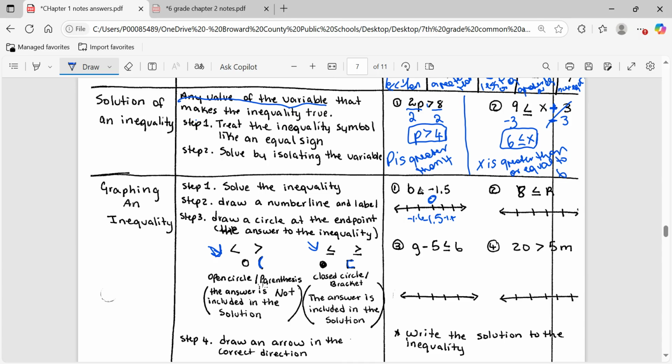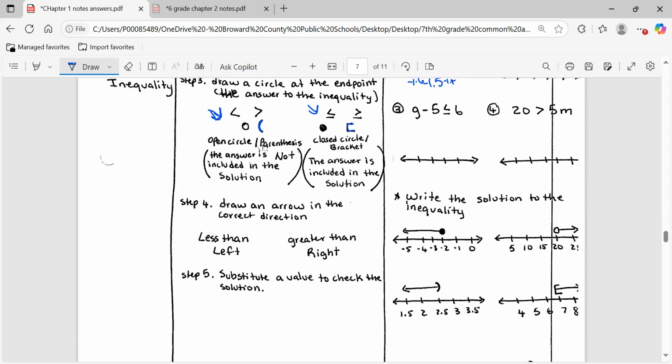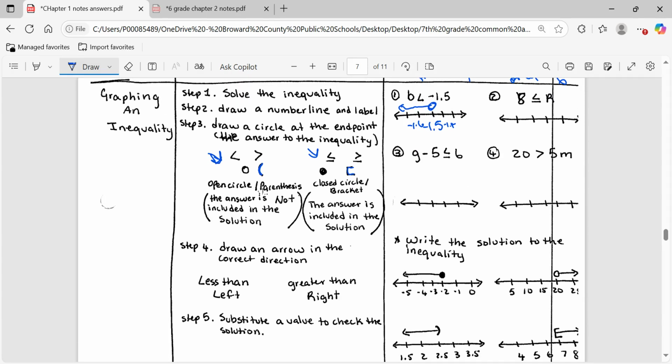So this is where it's important. B is less than negative 1.5. And so if it's less than, we're going to draw the arrow to the left. So step 4, you're going to draw an arrow in the direction. Less than is going to go to the left. Greater than is going to go to the right.